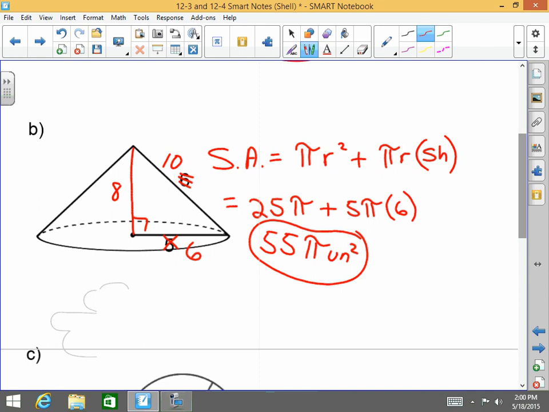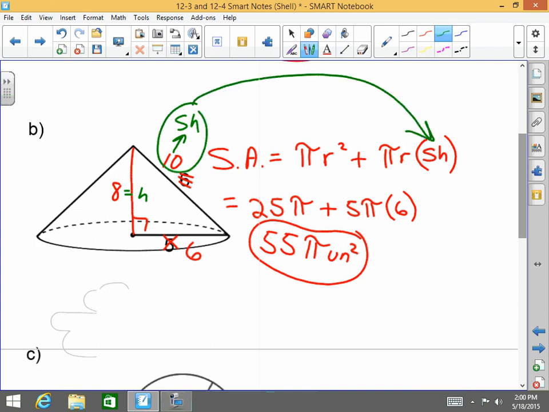Please be careful when I give you this, though. A lot of times, my students switch up the formulas. This is my height. This is my slant height. This is what goes into that formula. So please be very cognizant of that. Be careful.